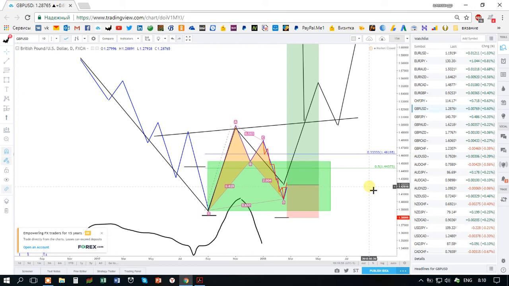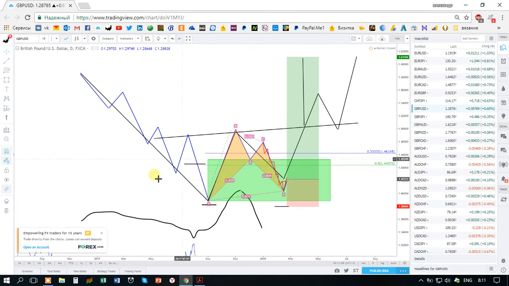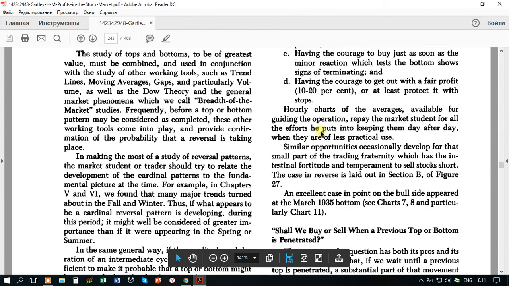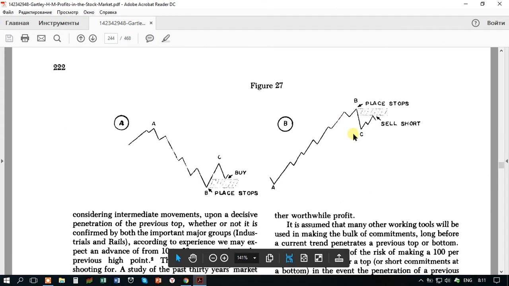So you should think of them as double bottoms and head and shoulders. And consequently, if you are looking at that Gartley pattern, you should find a bullish pattern at the end of a downtrend, and you should find a bearish pattern at the end of an uptrend, like this.